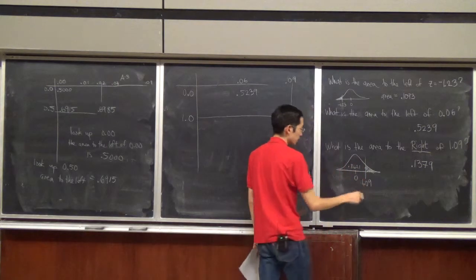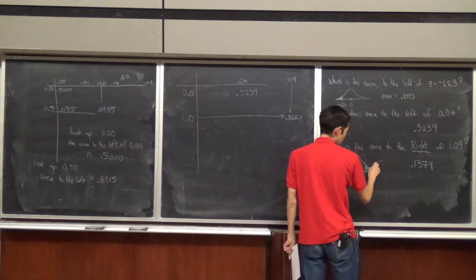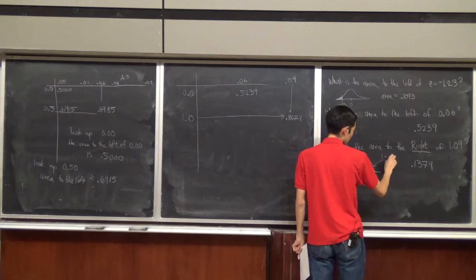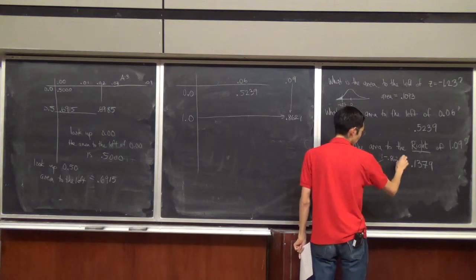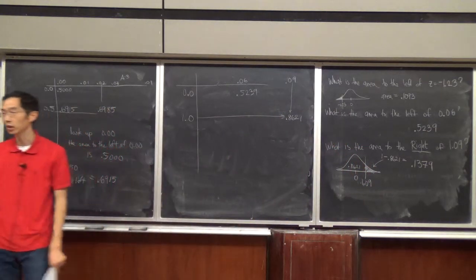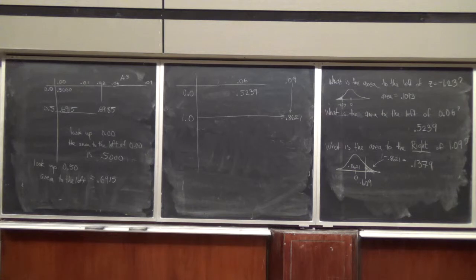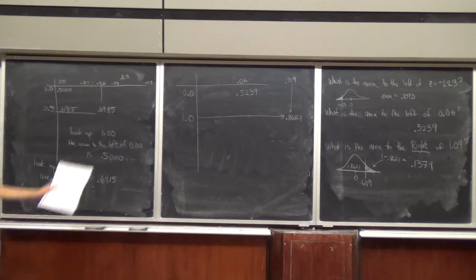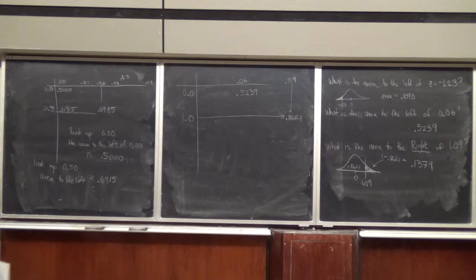The area to the left is 0.8621, the area to the right is 1 minus 0.8621, and that gives me 0.1379. You would also give us the actual number and ask us to do it backwards too, right? Yeah, so that's next. But I want to make sure we can do this.